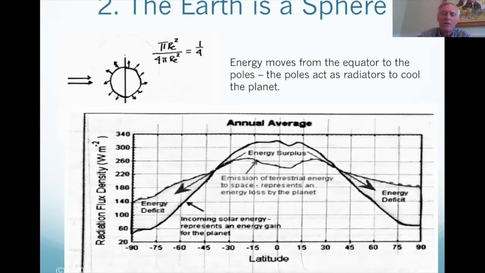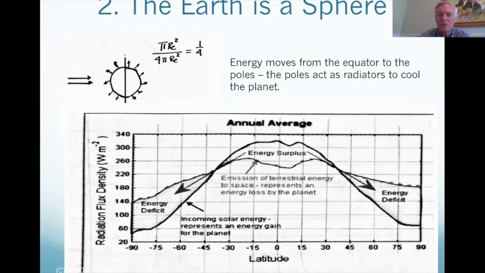And if you trace that curve down at 45 degrees, it goes below the flatter curve. The flatter curve is the emissions energy by latitude, right? And you notice an interesting thing.